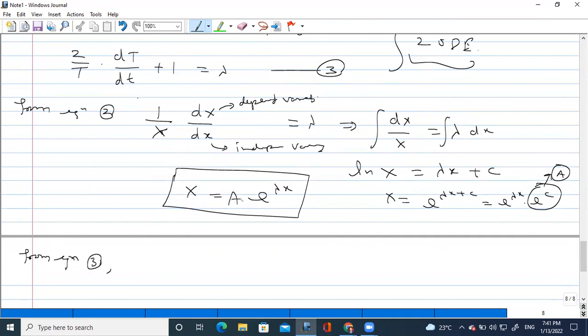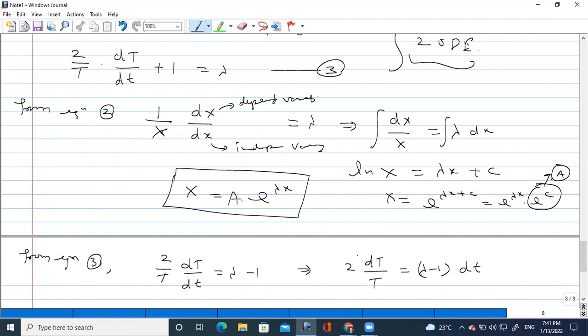So from equation 3, you can do variable separable. It will be 2 by T dT by dt is equal to lambda minus 1. So this implies 2 dT by T will be equal to lambda minus 1 into dt.